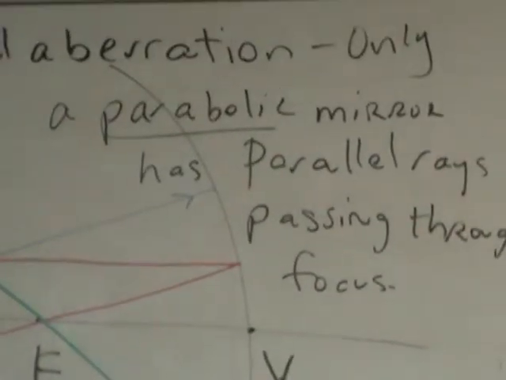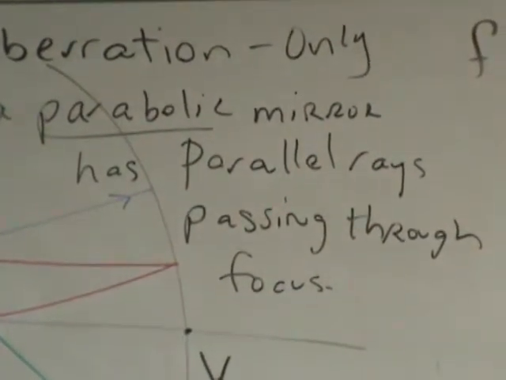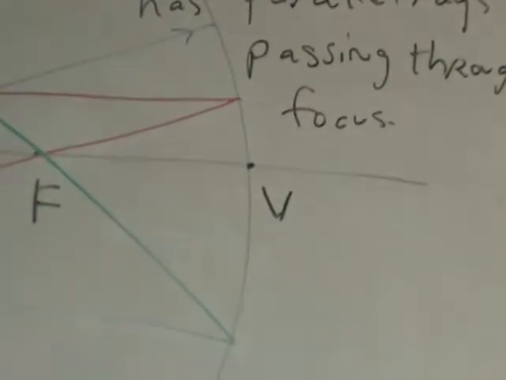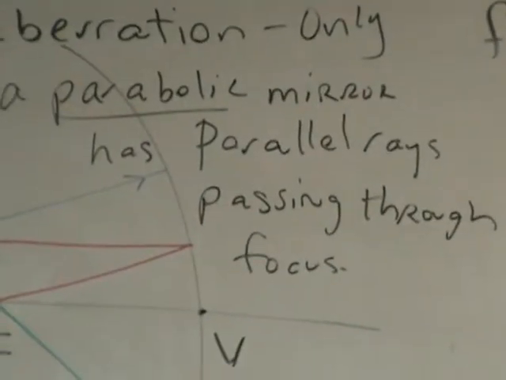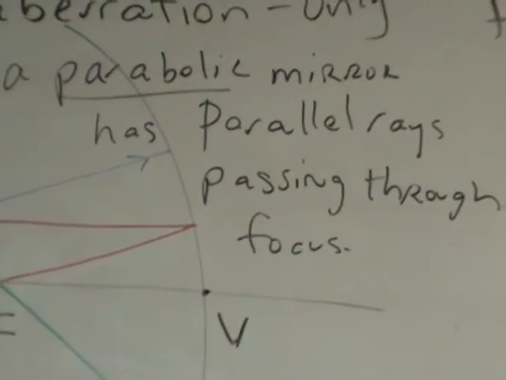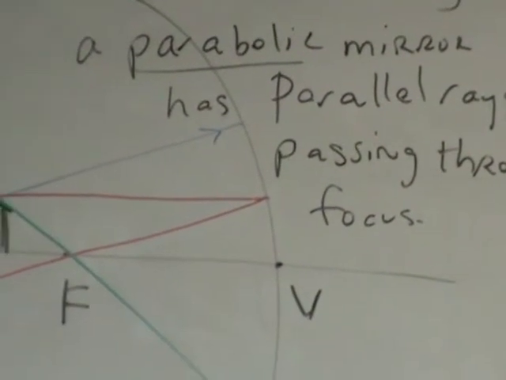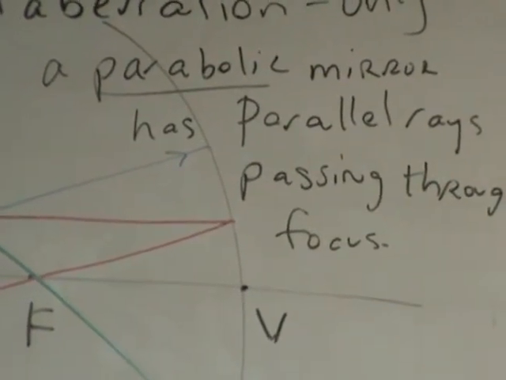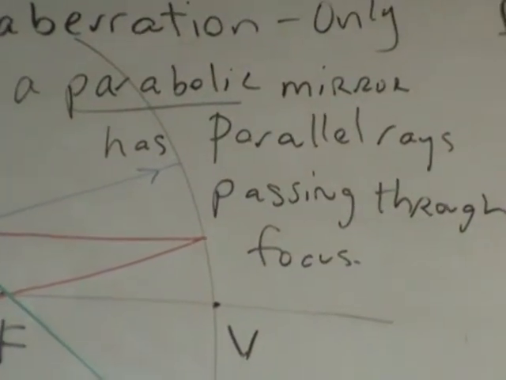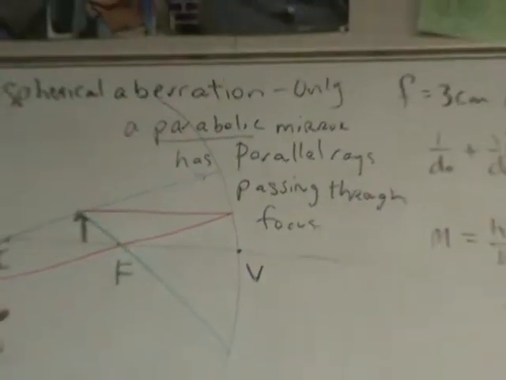A spherical mirror is close. It's a lot like a parabolic mirror, but it's not precise. That's why when you made your solar cookers in second year algebra, you used parabolic reflectors, not spherical.